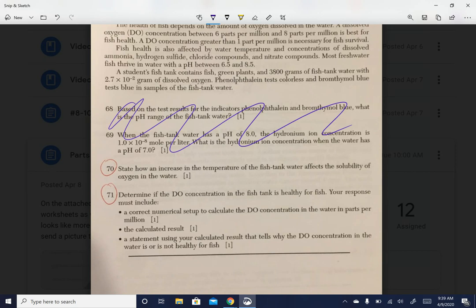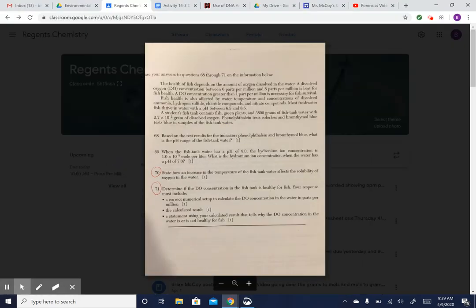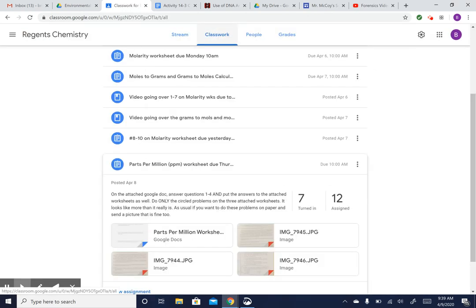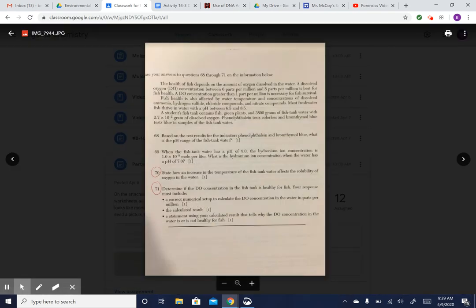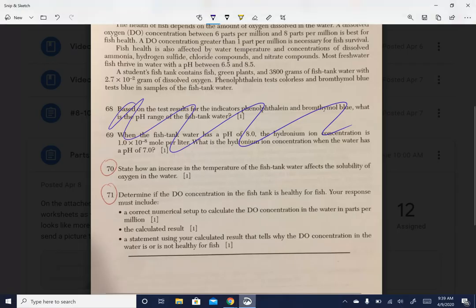I should have told you just 70, 71. Let me see here. What did I actually put in there? Sorry, guys. Let me look at the assignment. Do only circled. Oh, good. I did say do just circled. All right, good.